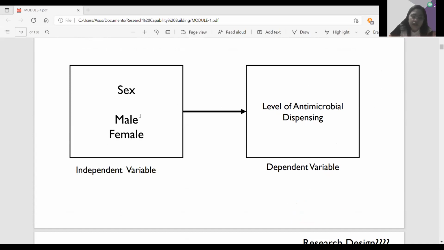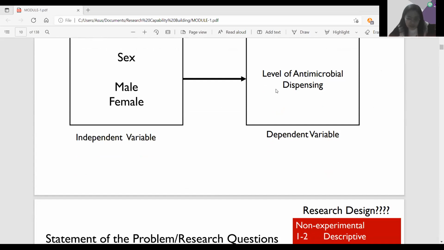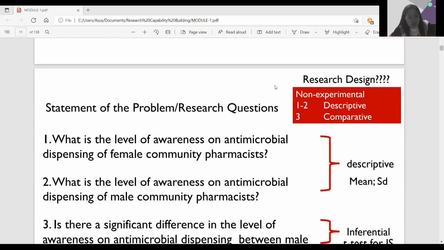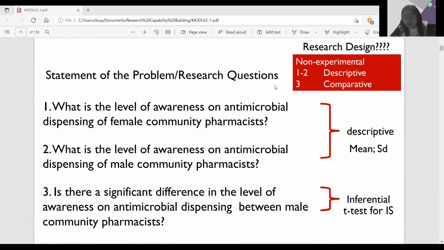So yung independent variables natin, meron tayong dalawa for the sex, male and female. And then the outcome variable is their level of awareness, para mas specific, level of awareness sa antimicrobial dispensing. And if you're going to check the possible statement of the problem or the research questions, we have here first asking for the level of awareness ng mga babaeng pharmacist, and then number 2, level of awareness ng mga lalaki naman.